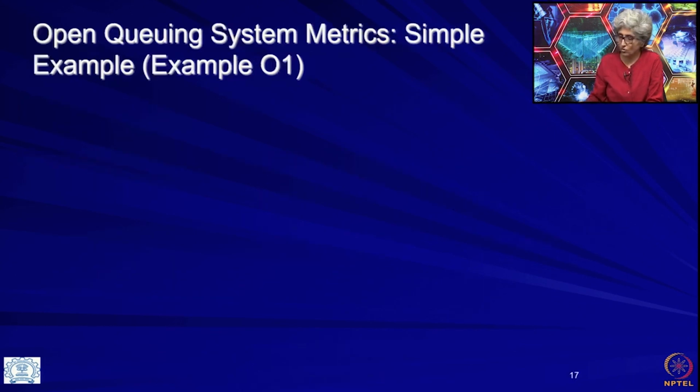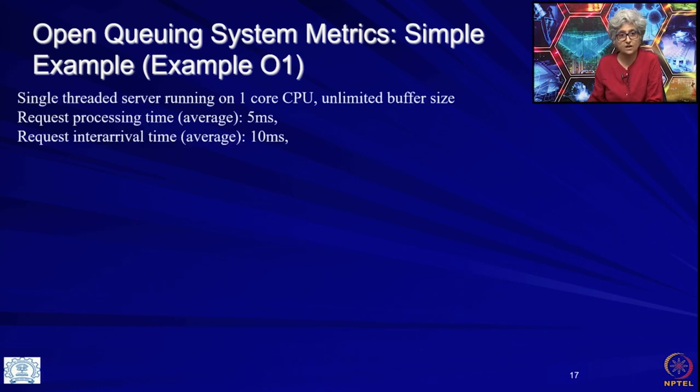So, I am just going to go through some examples quickly. Let us consider a single threaded server on one core CPU. Again, let us consider just infinite buffer for the examples. The request processing time tau is 5 milliseconds, request inter arrival time is 10 milliseconds, this is our 1 by lambda.